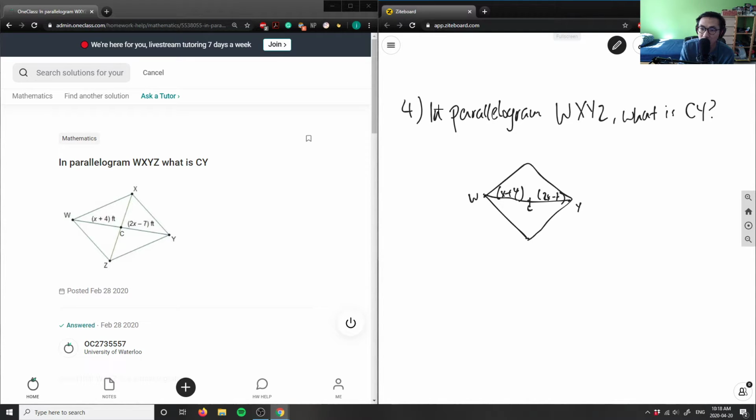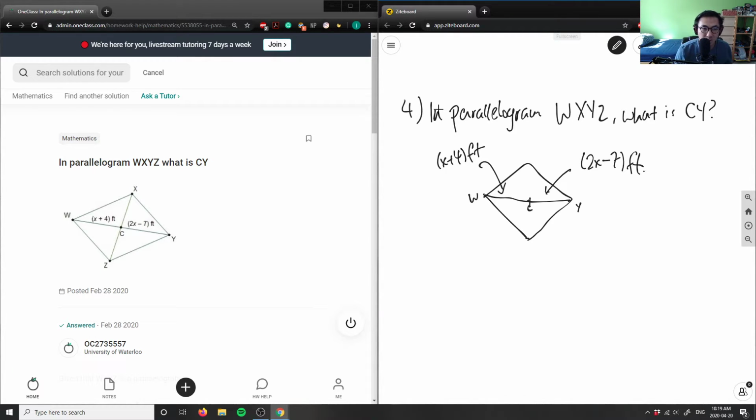It's kind of hard to see, so let me draw some arrows here. So this here is x plus 4 feet, and this here is 2x minus 7 feet. So what is CY is our question here.